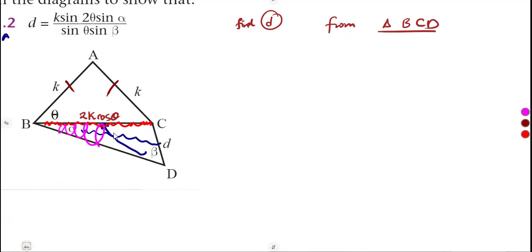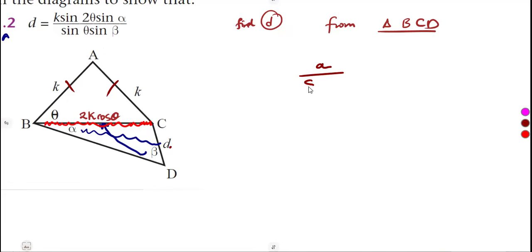Remember the first one was a non-right angle triangle, and we had to make an adjustment to end up with a right angle triangle. But in triangle BCD, it is completely something else. So let us apply our sine rule. Remember the concept where the angle corresponds to the side. Sine rule can be used as we are to find the side D.